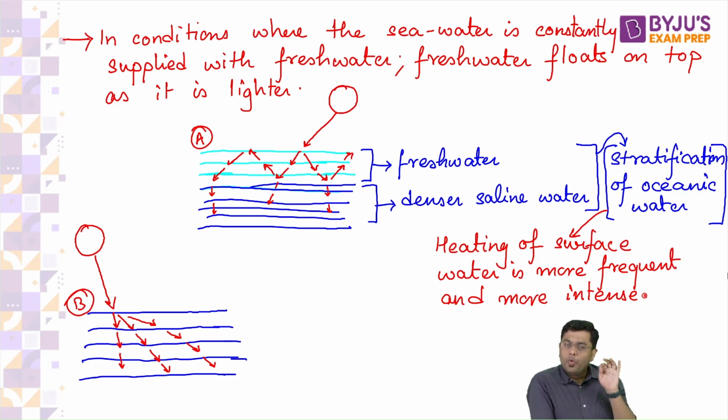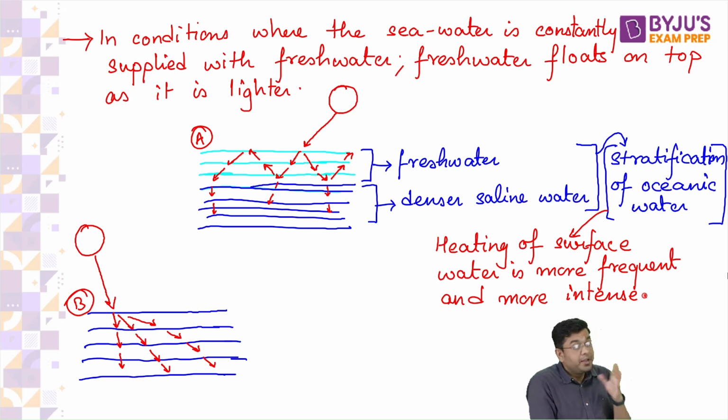So now you will be able to answer the question why you have more tropical cyclones in the region of Bay of Bengal as compared to Arabian Sea. So now if you are writing the answer on why more tropical cyclones in the region of Bay of Bengal, you can talk about the fact that how Bay of Bengal is narrower as compared to Arabian Sea. So the temperature rises very frequently.